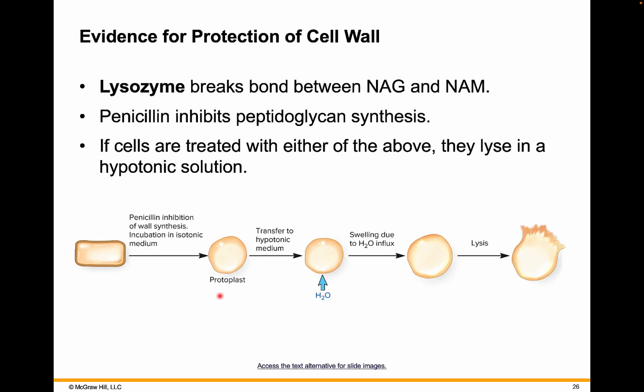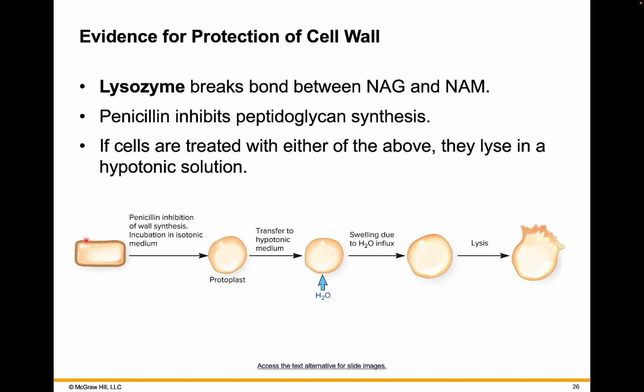On the other hand, how can we experimentally determine that the cell wall, or the peptidoglycan layer, protects the cells from bursting, mainly in the hypotonic environment? So this is a bacterial cell, and it contains the outer peptidoglycan layer.